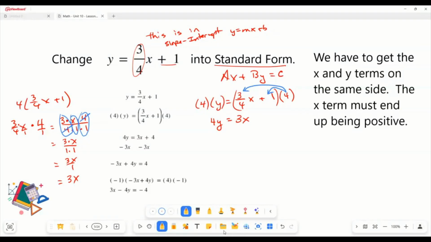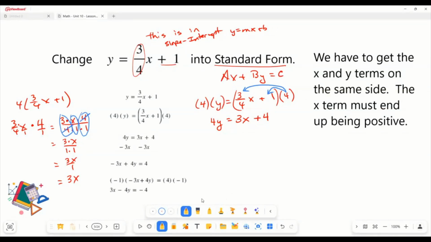That was the whole idea, so that the fraction disappeared. Then we have to take 4 and multiply it by 1. So all we did was multiply both sides by that denominator so that the fraction disappears.